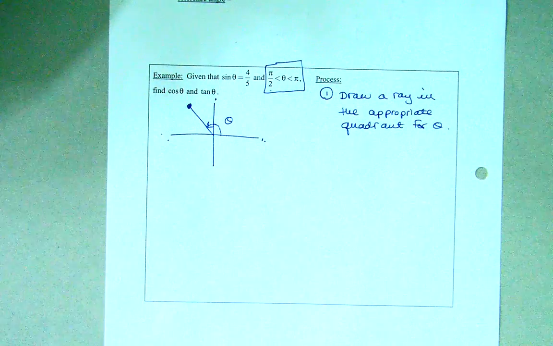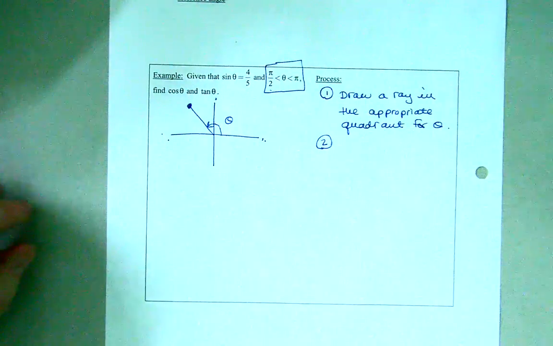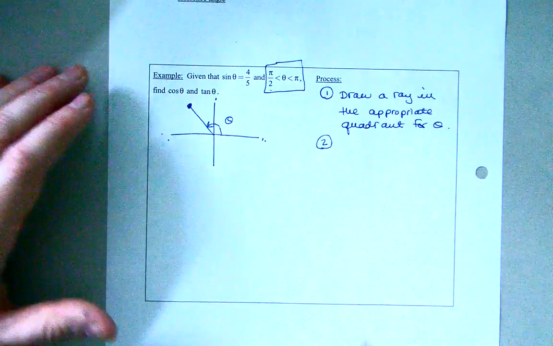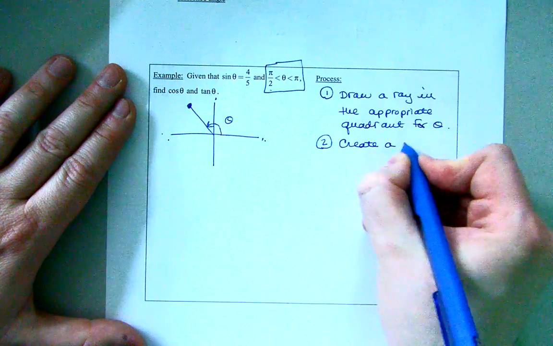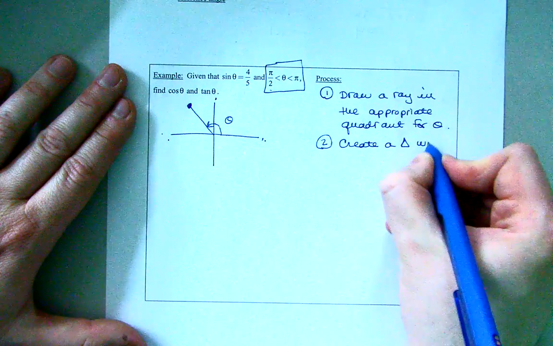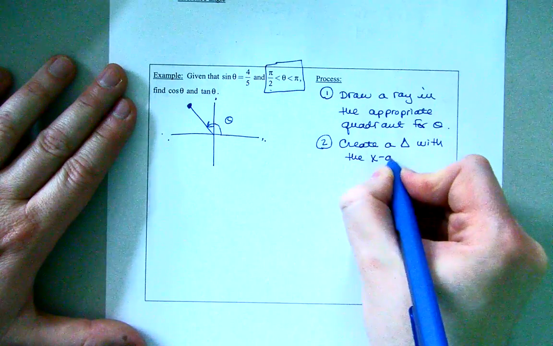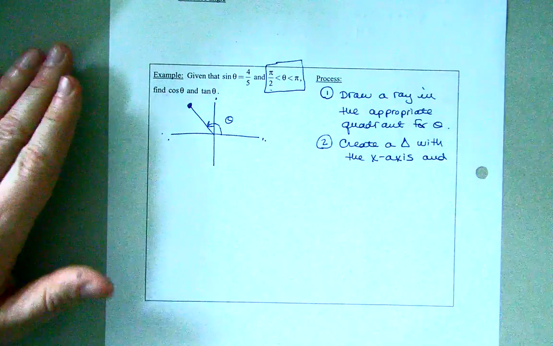Next, we are going to use this terminal ray to create a triangle with the x-axis. I'm not going to finish that just yet.